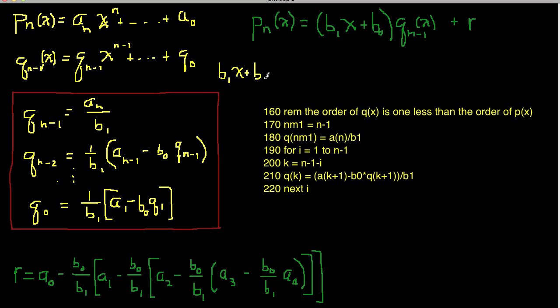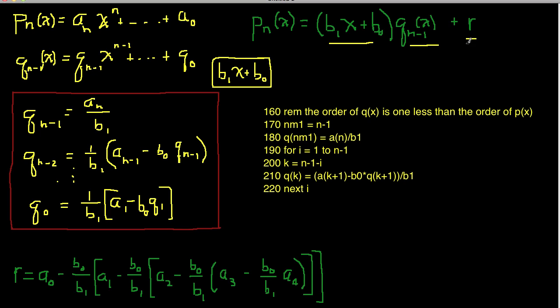So we're dividing it by this, and the idea is that p sub n of x can be written as this linear polynomial times the quotient polynomial q sub n minus 1 of x plus the remainder.